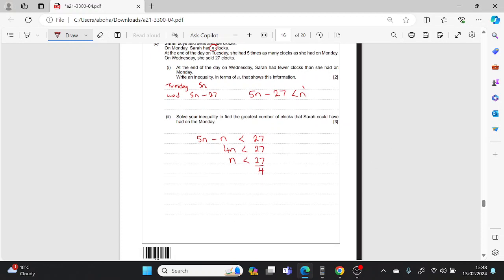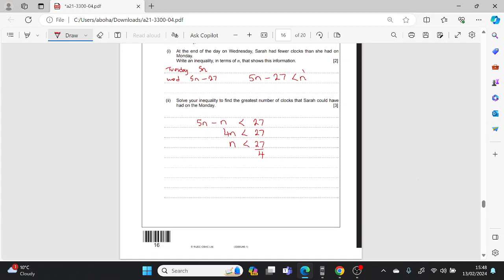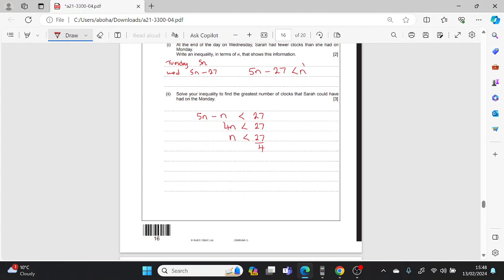So 4, 8, 12, 16, 20, 24. It's going to be 6.75, so N must be less than 6.75. It's got to be a whole number because you can't sell 3/4 of a clock.